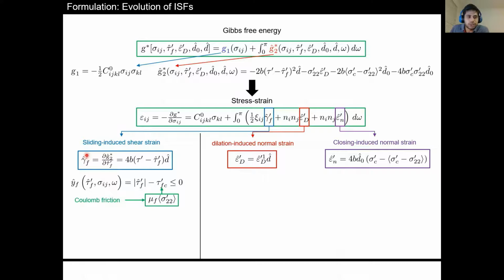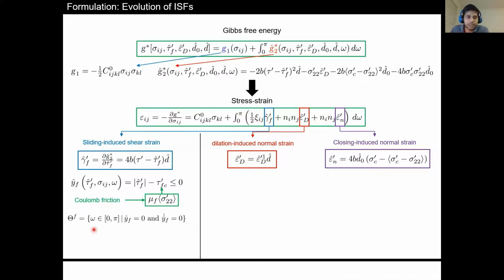The shearing-induced strain is represented by a Mohr-Coulomb kind of friction criterion, where tau f here is the actual mobilized frictional stress on the microcrack, and tau f max is the limiting value of the mobilized friction, which is given by the friction coefficient times the normal stress on the microcrack.